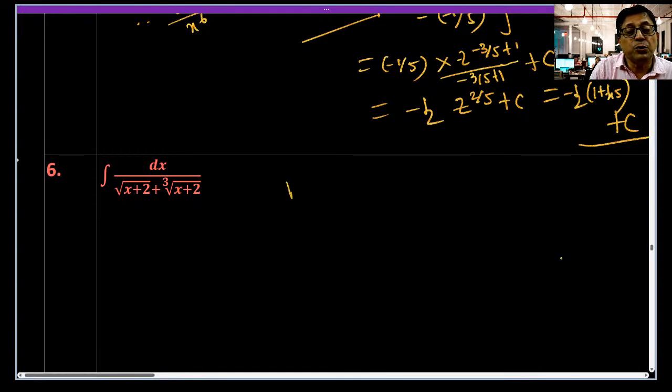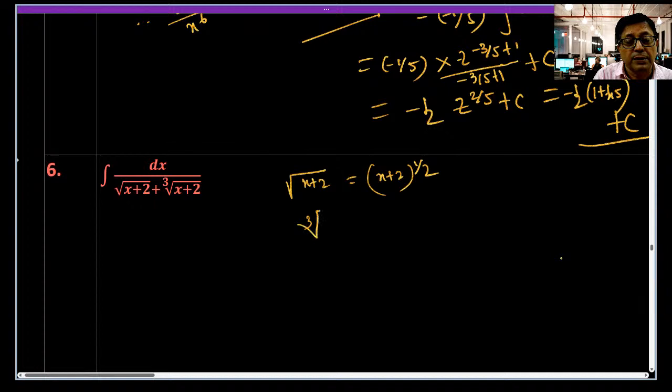This is actually root x plus 2, which is nothing but x plus 2 to the power half. Cube root of x plus 2 is to the power 1/3, isn't it? So substitute there.